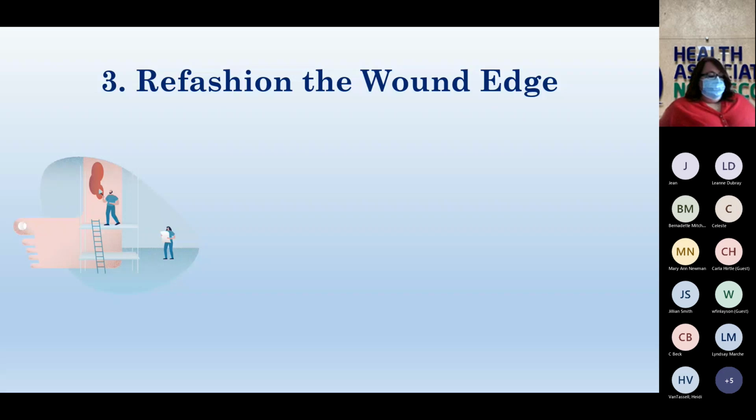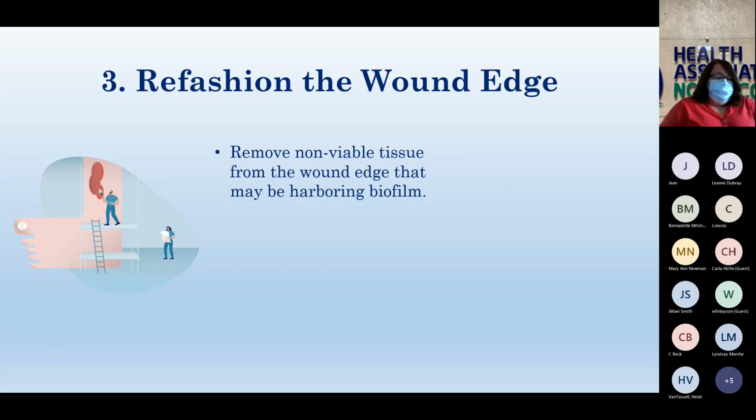So let's move on with refashioning the wound edges. So again, this is refreshing the wound edges. And this consists of removing non-viable tissue such as slough, eschar, callus, scales, and debris from the wound edges that may be harboring biofilm.